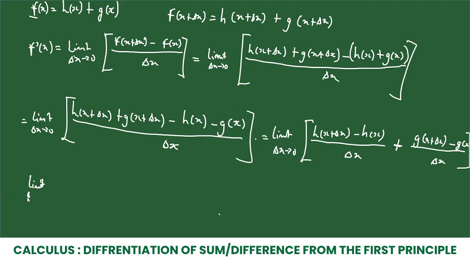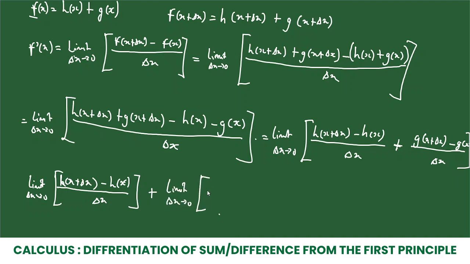So the limit as change in x approaches 0 of the first part, h of x plus change in x minus h of x, all over change in x, plus the limit as change in x approaches 0 of g of x plus change in x minus g of x, all over change in x.